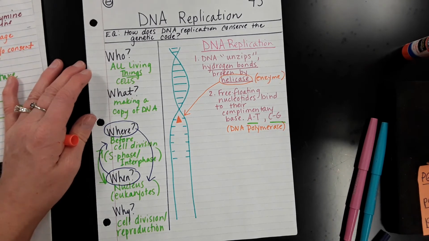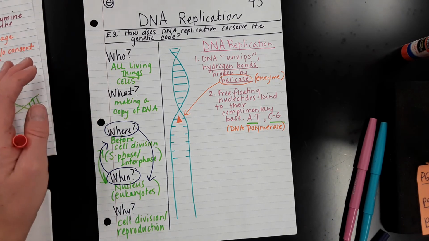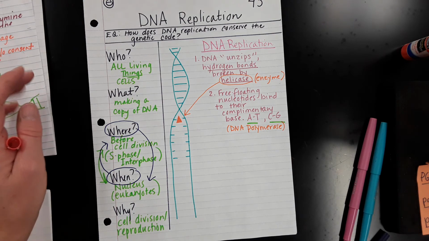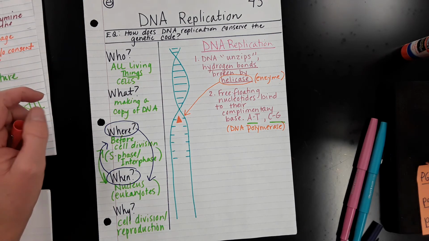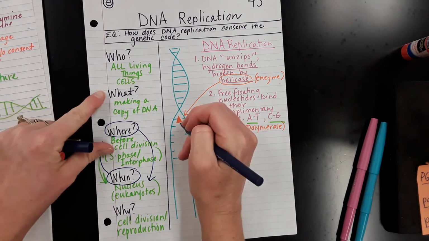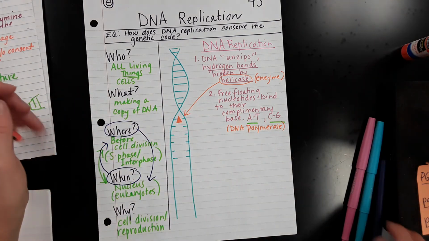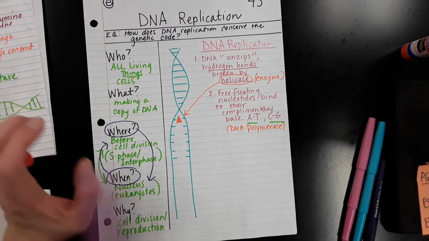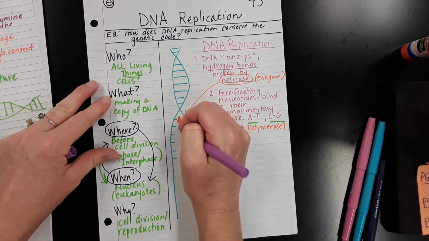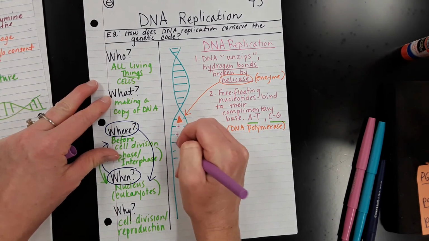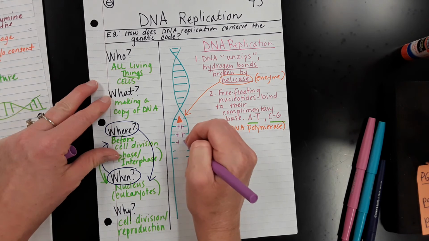So DNA polymerase is going to put together the new DNA strand. And so these free-floating bases, let me get a good color here. There we go. Free-floating bases are going to come in and they're going to pair up with their complementary base.